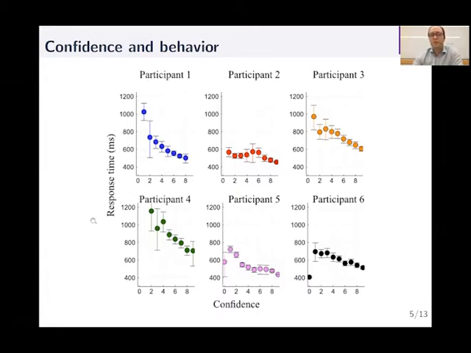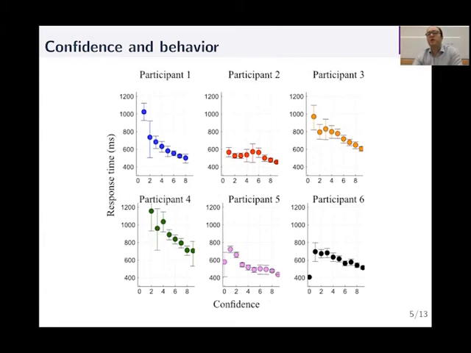The y-axis represents the response time of the participant, and the x-axis, the reported confidence of the participant. You can see two things. First, every participant has a different range of response time. It can go as fast as 400 milliseconds, and it can go to almost, no, even 1.2 seconds for some participants.